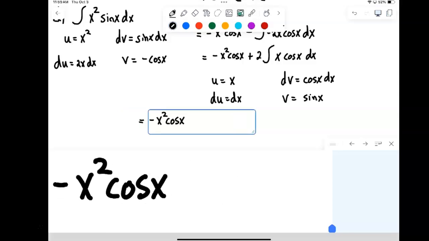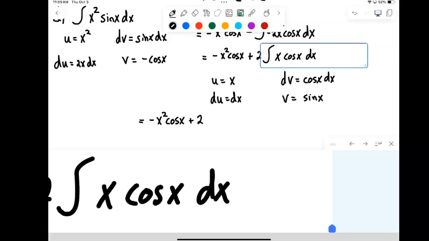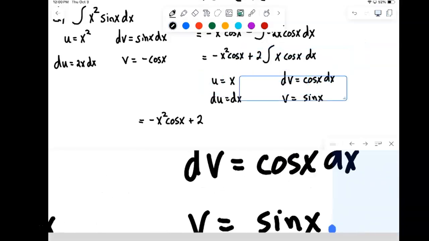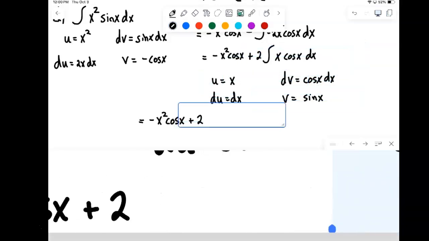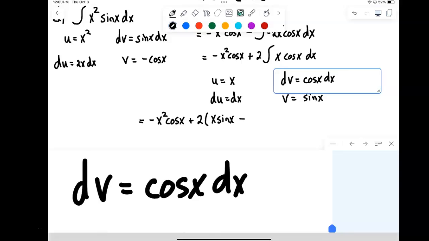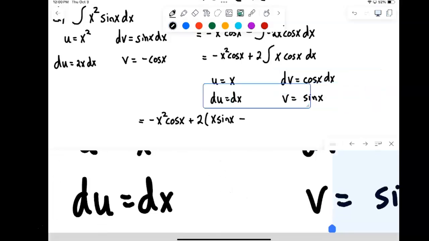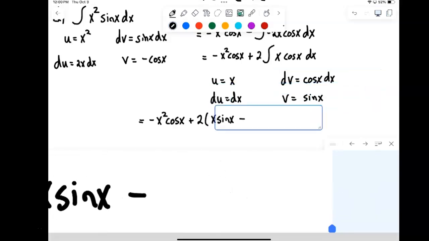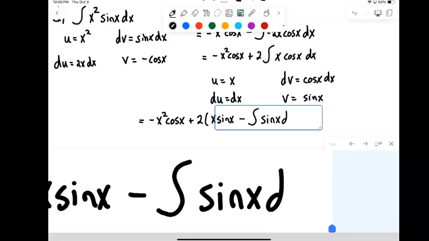And then it's plus 2, and then we use the integration by parts formula to work out the integral of x cosine x. We know it's uv, so plus x sine x, minus the integral of v du, minus the integral of sine x dx.